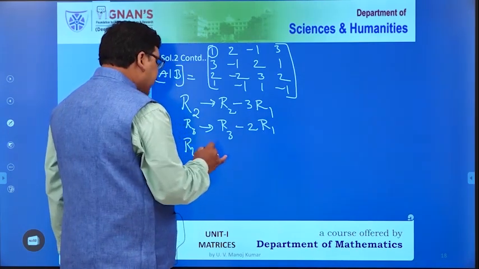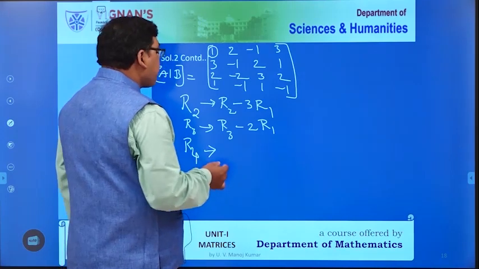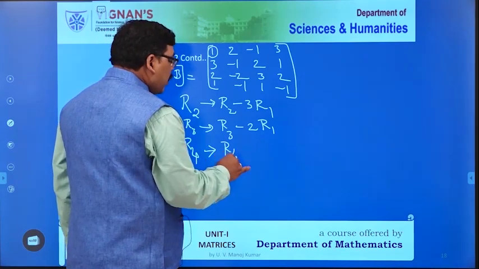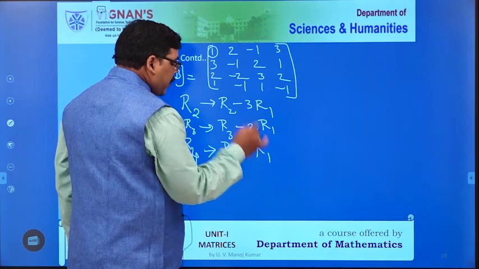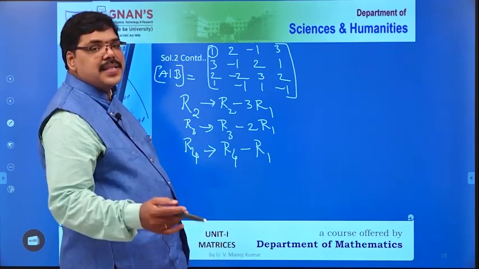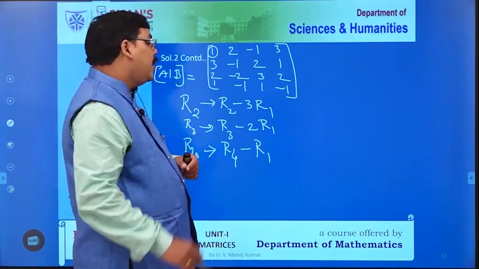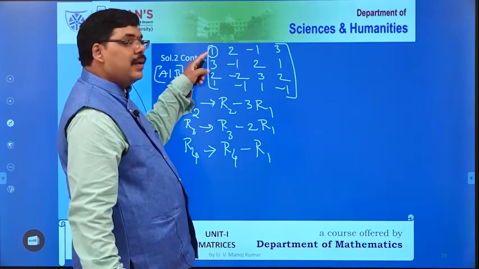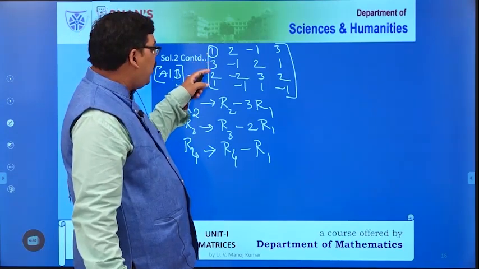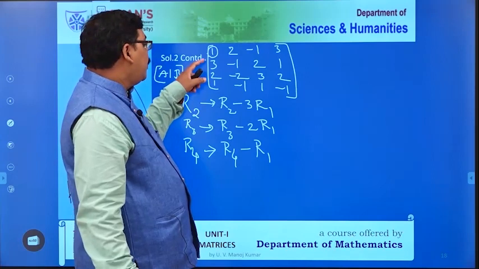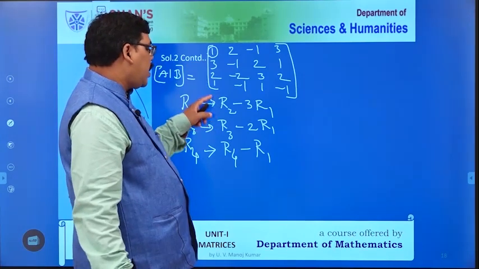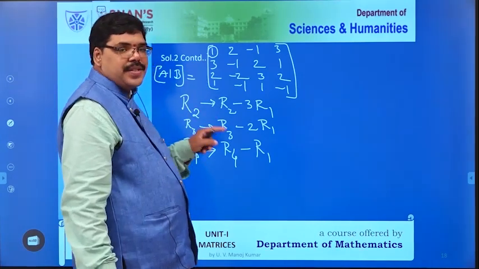R4 implies R4 minus R1. So how you are deciding these row operations? We are using this 1 and we want to reduce the below elements into zeros. So based on them, we are deciding these row operations.